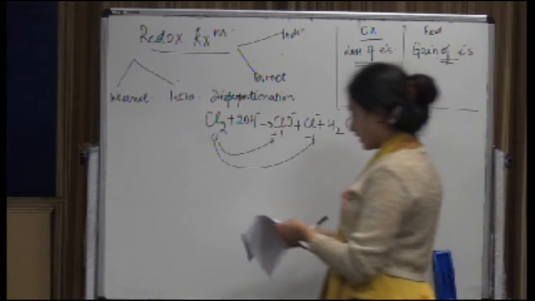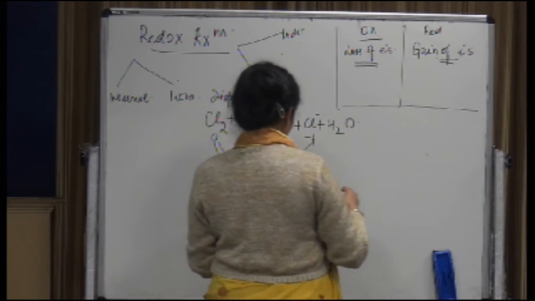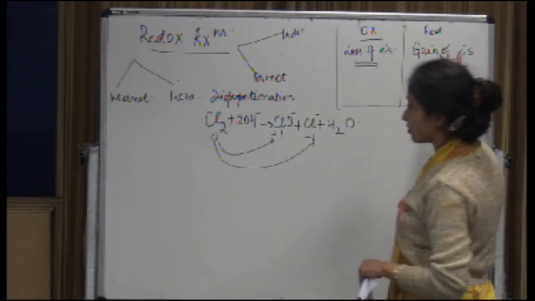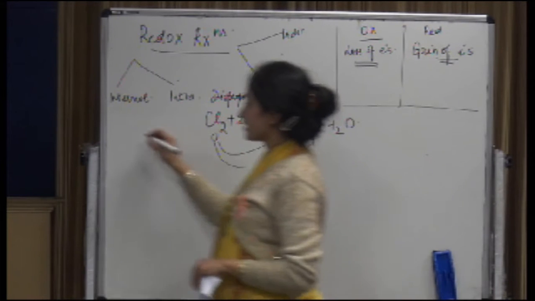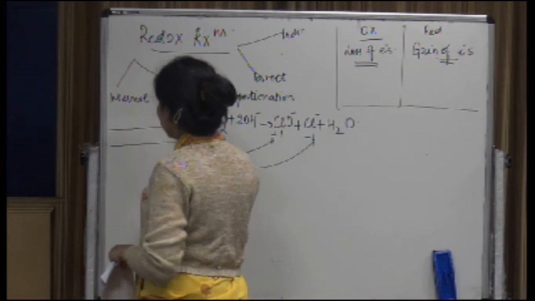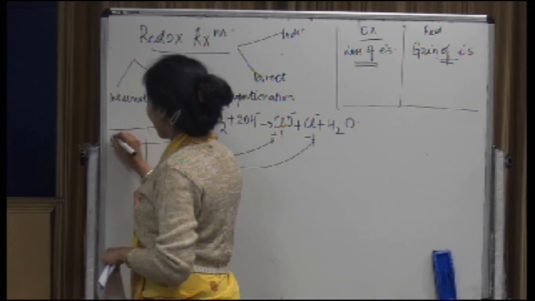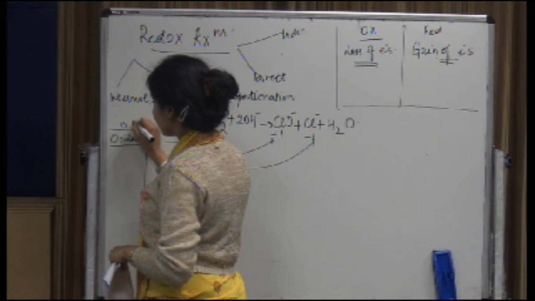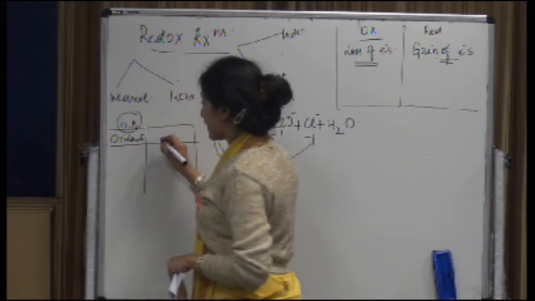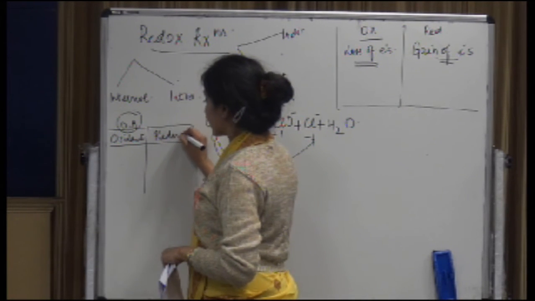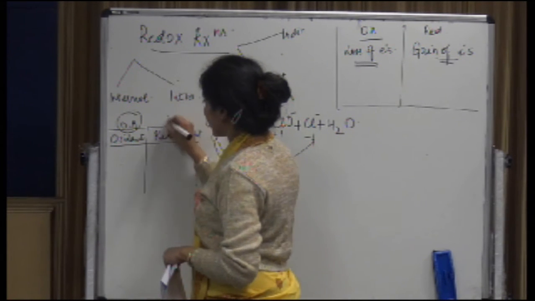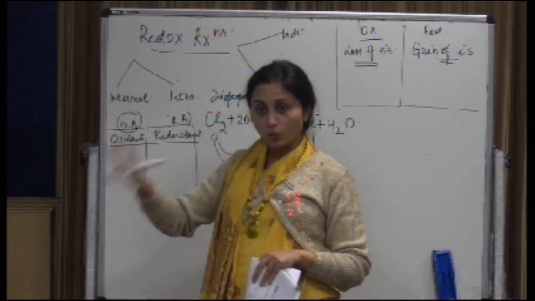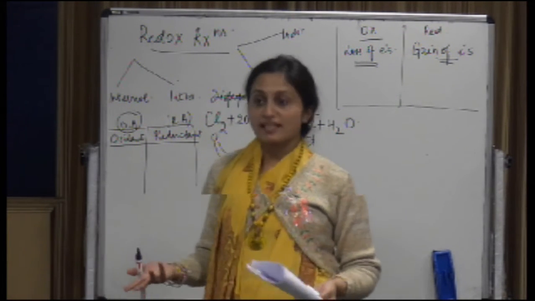So we had taken up many examples last time. Then after talking about the oxidation and reduction, we also understood what is the difference between an oxidant, which is also an oxidizing agent, and a reductant or a reducing agent. Remember that a reducing agent will be the one that will reduce others but oxidize itself.